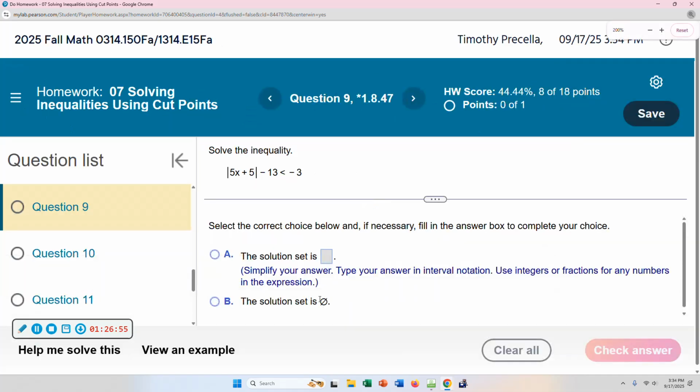And just like I did the last time, I'll try to put the absolute values into a different color. The absolute value of 5x plus 5. Number 9, the absolute value of 5x plus 5 minus 13 is less than negative 3.